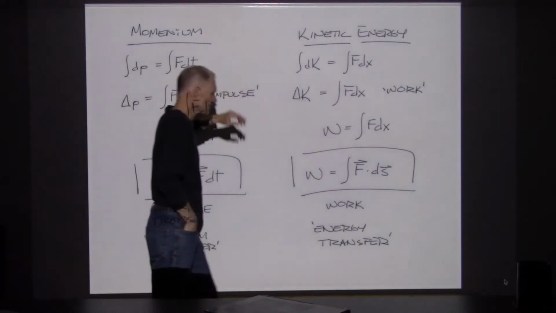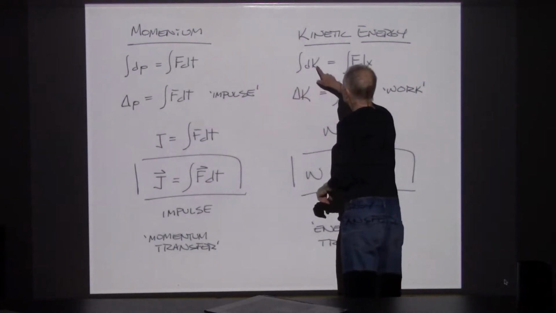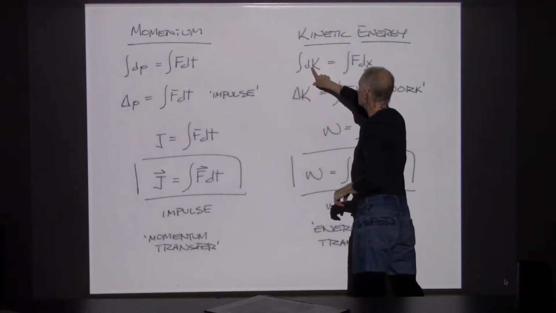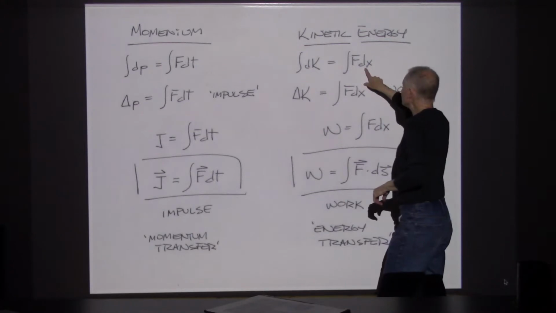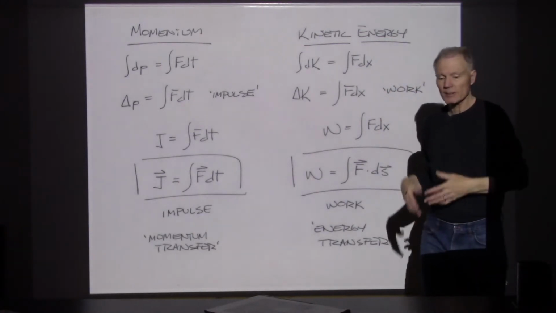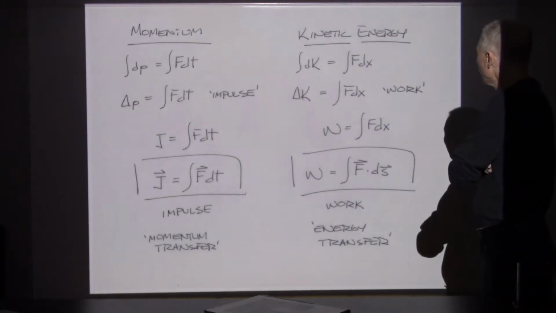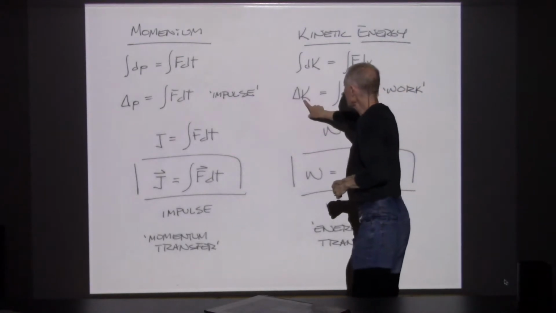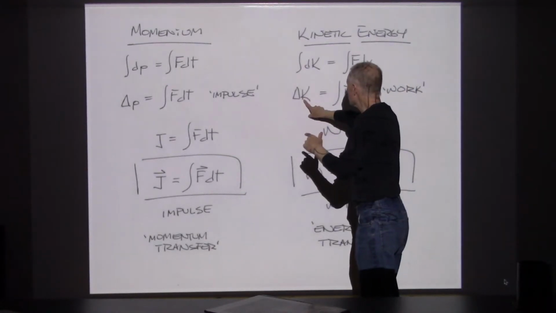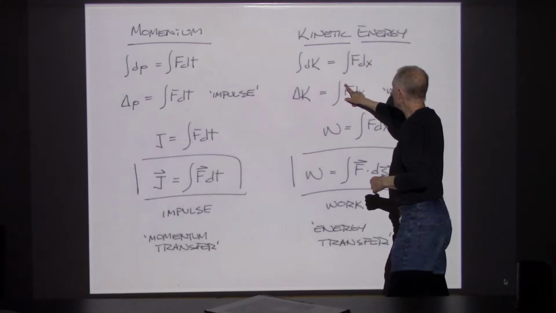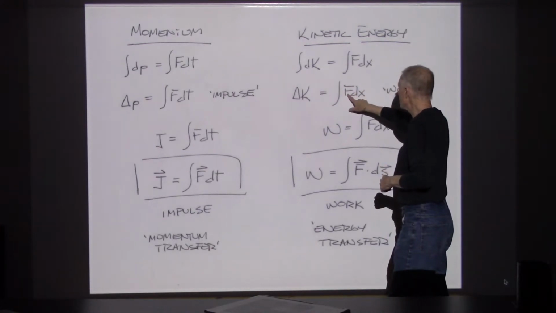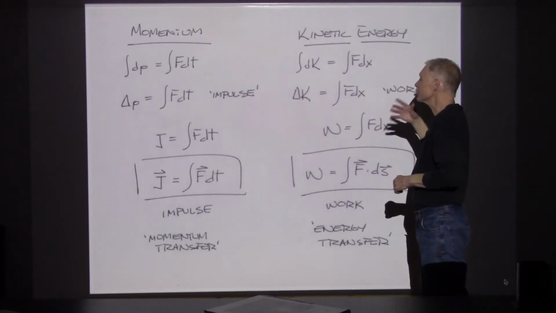Now, the comparison here was from the last chapters. If I add together all the dK's and set that equal to F dx and integrate both sides, what I'm going to end up with is that the kinetic energy increase or decrease is a result of forces integrated over distance.